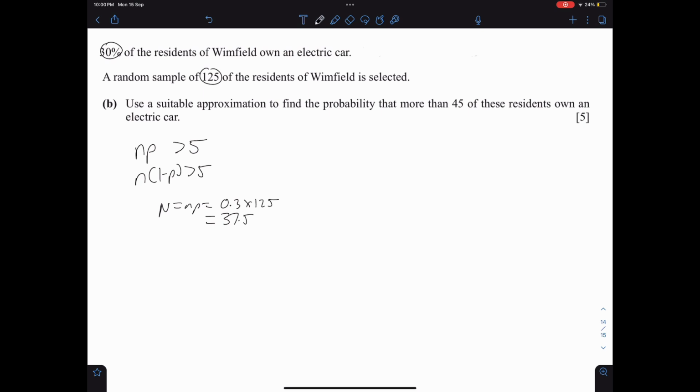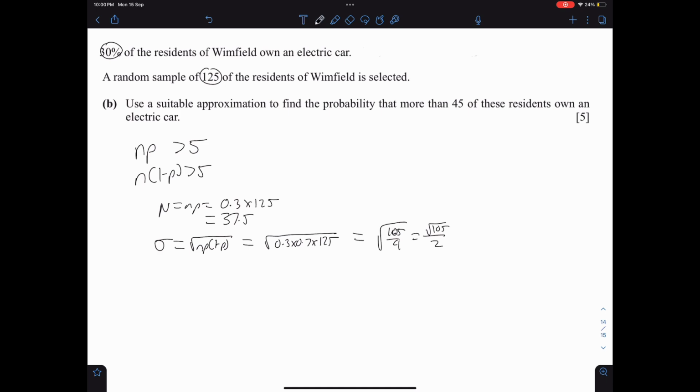And then you need to work out your standard deviation, which is root of np(1 minus p), which is 0.3 times 0.7 times 125. So that's root of 105 over 4, which is root 105 over 2.